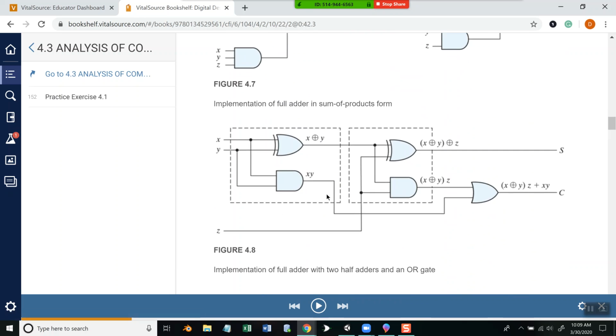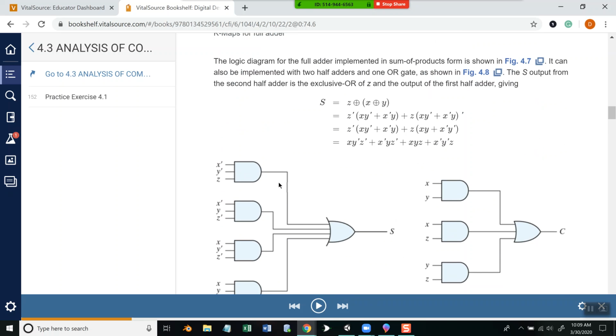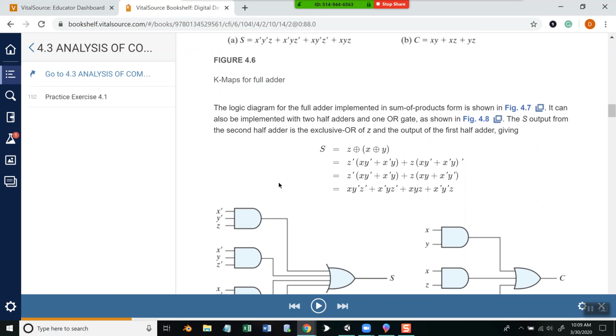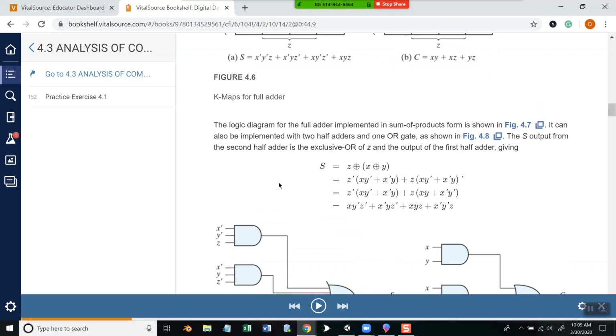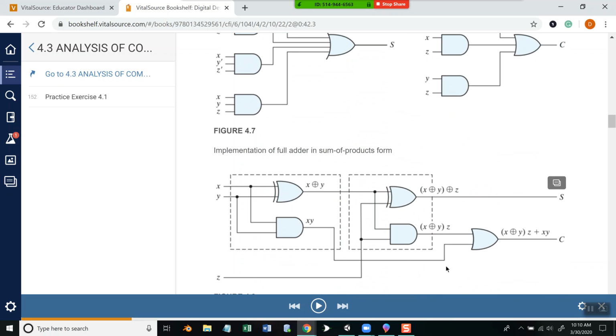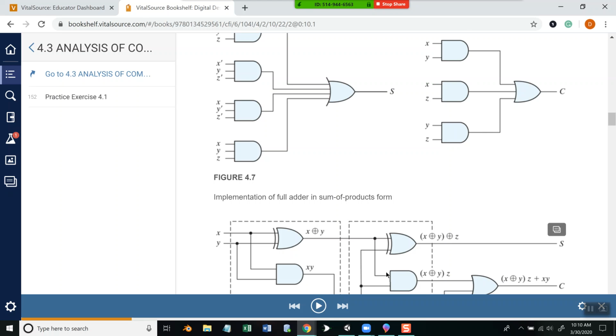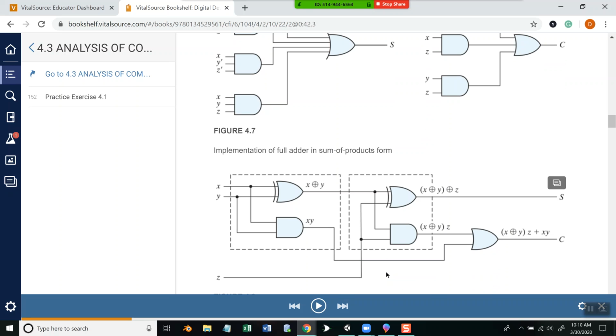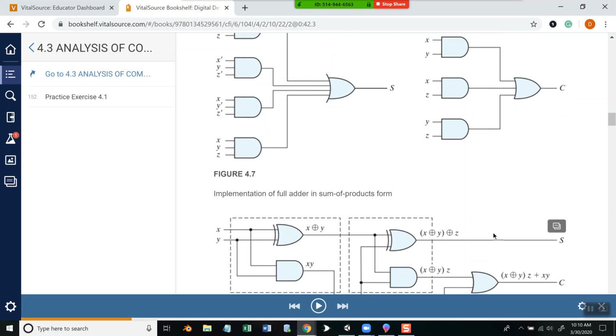Now, in addition, our carry. They don't specify it up above, but our carry, I wonder why they don't show that.